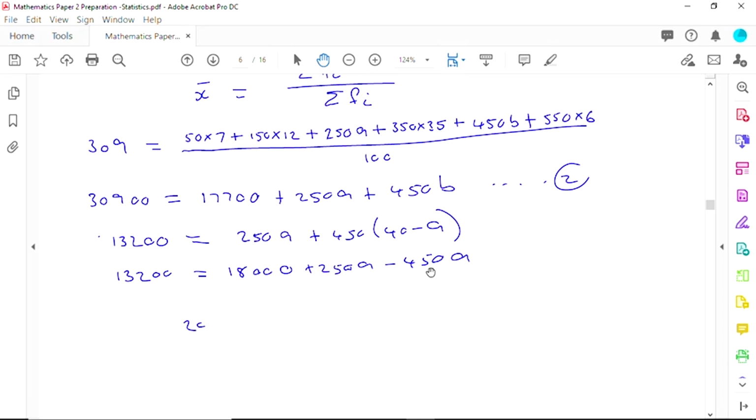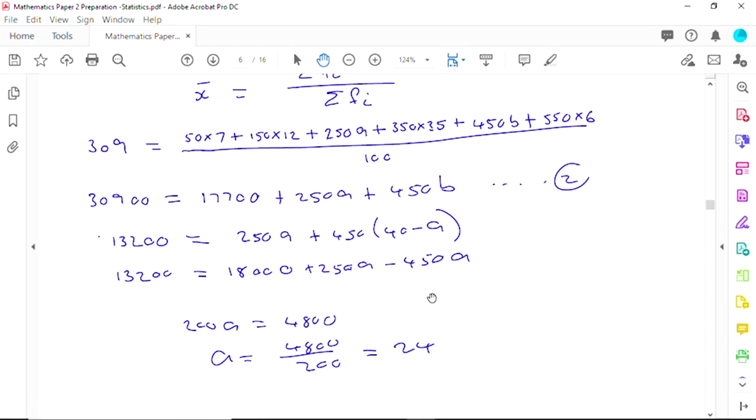So we have 200A, and we have 18,000 minus 13,200, and that is 4,800, which implies that A is equal to 4,800 divided by 200, which is equal to 24.